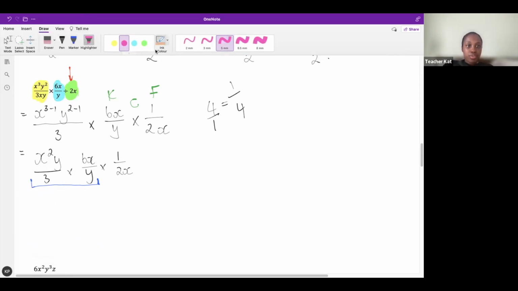Do we see that both of them have an x? There's my x squared, and there's my x over there. So if I'm multiplying, what do I do to the exponents again? We add them. So then it's going to be x to the power of what plus what?